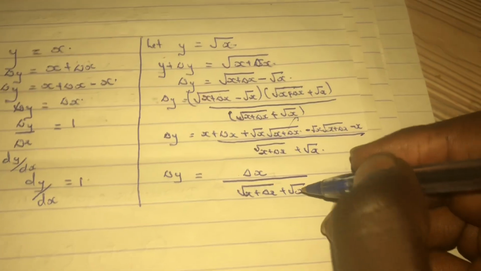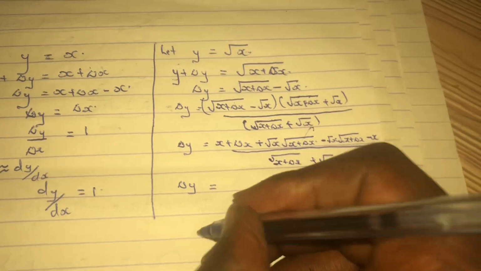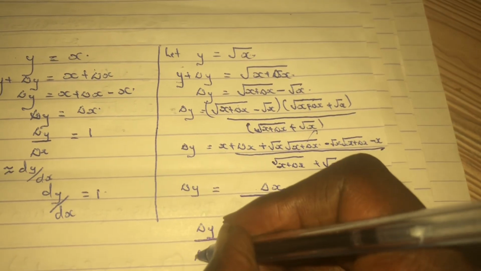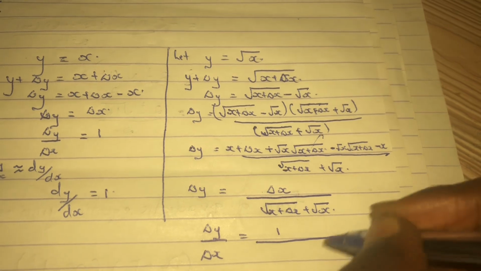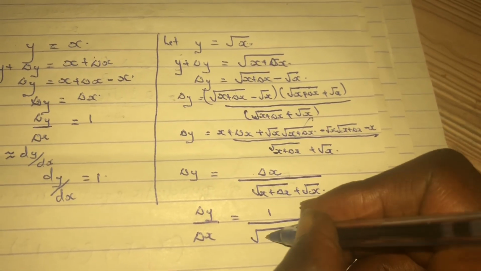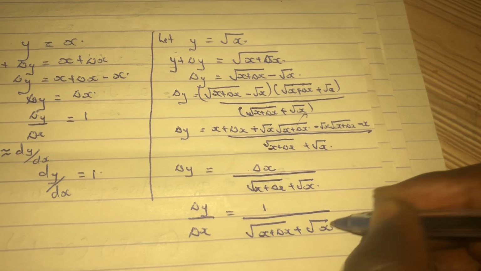So we do the same, this one comes down, remain with change in y over change in x equals 1 over root of x plus change in x plus root of x.